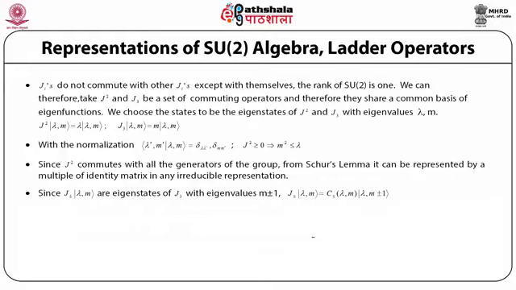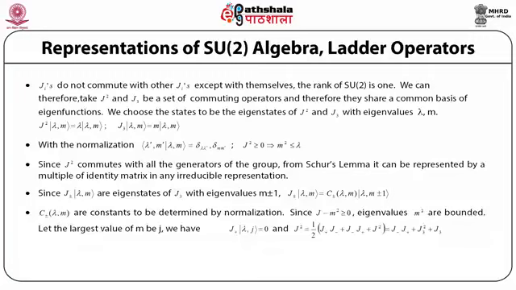Because J+ increases the value of m by a unit and J- lowers it, J± acting on |m⟩ gives us a state with m±1. C±(lambda, m) are constants which have to be determined from the normalization.